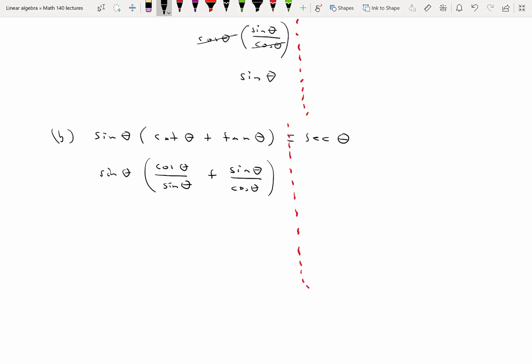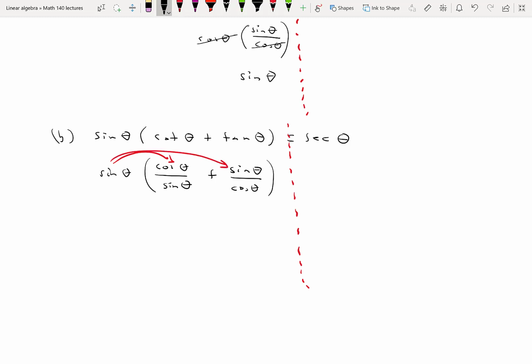Okay. Well, it looks like I just made things more complicated. And in a sense, I did. Now I have an expression on the left-hand side that has three sines in it and 2 cosines in it. Next I notice that on the right-hand side, I have no parentheses, but on the left-hand side, I do. So I'm going to distribute. So here's where algebra comes in.